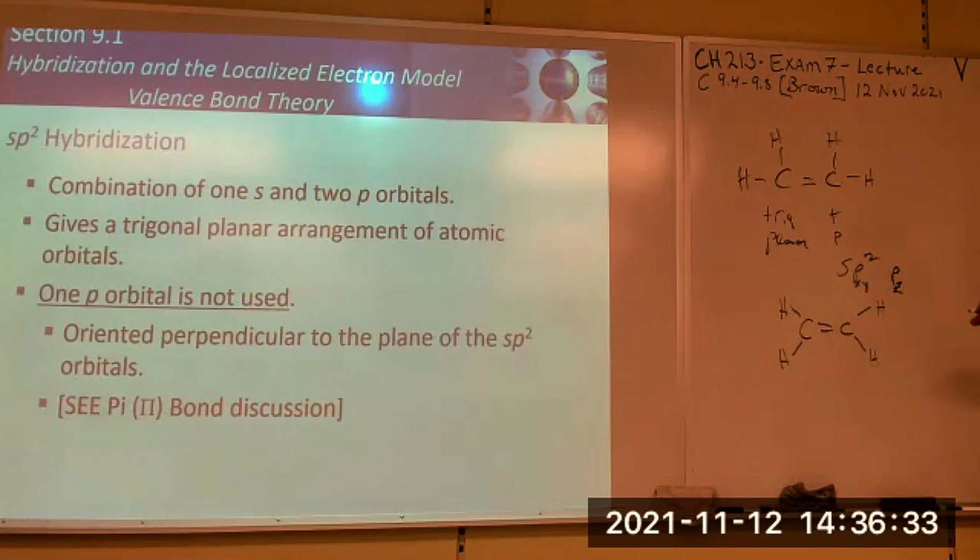So it would look like this if you had a single bond over here with this carbon, you would have an unused p orbital there. And then this carbon would also have an unused p orbital, right? So the double bond comes from overlap here. Those p orbitals overlap and give you the double bond.